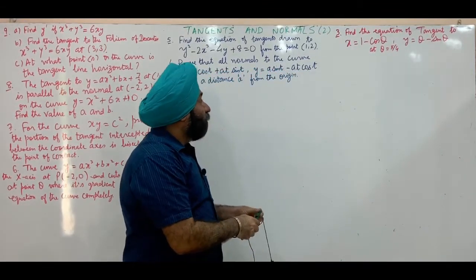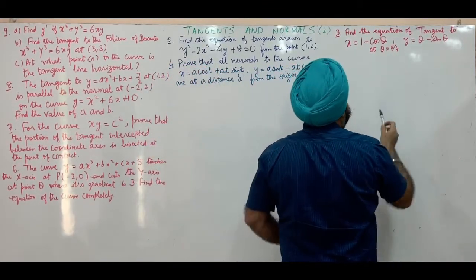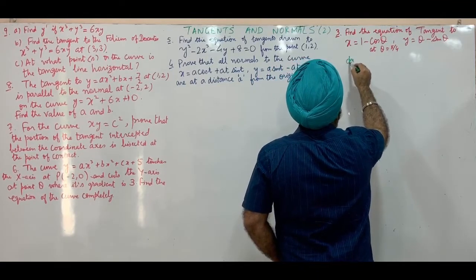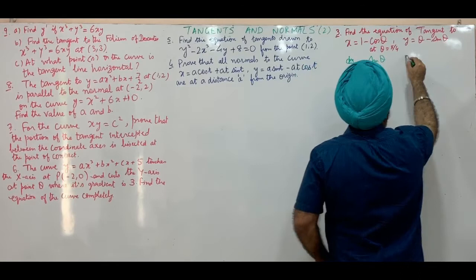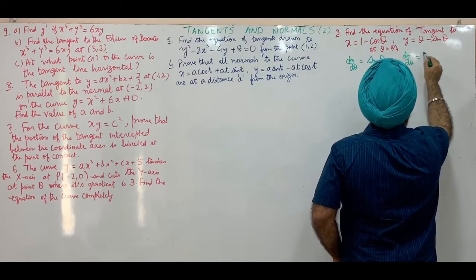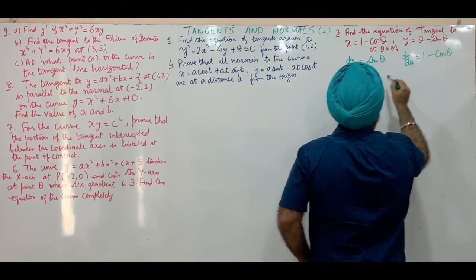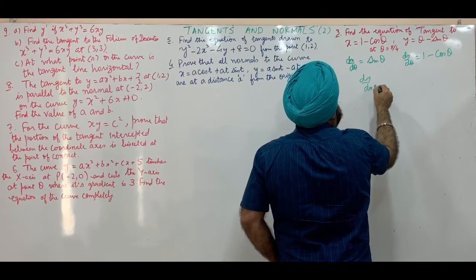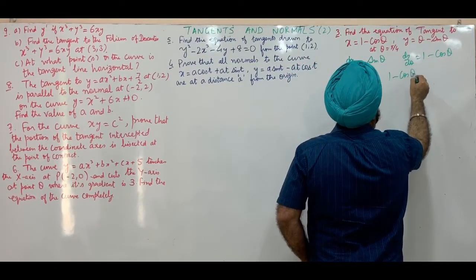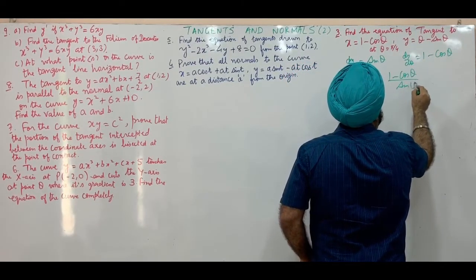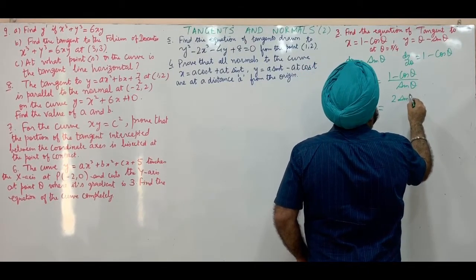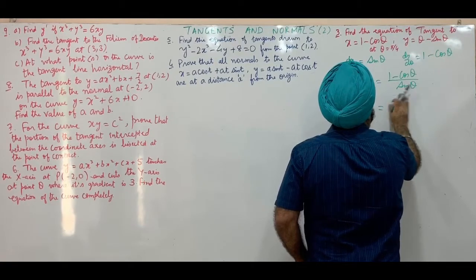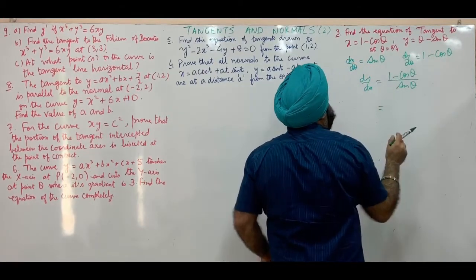So we need dy by dx. First of all, dx by d theta, this is sine theta. Dy by d theta is 1 minus cos theta, and dy by dx is 1 minus cos theta upon sine theta. We can leave it as it is because theta is pi by 4.